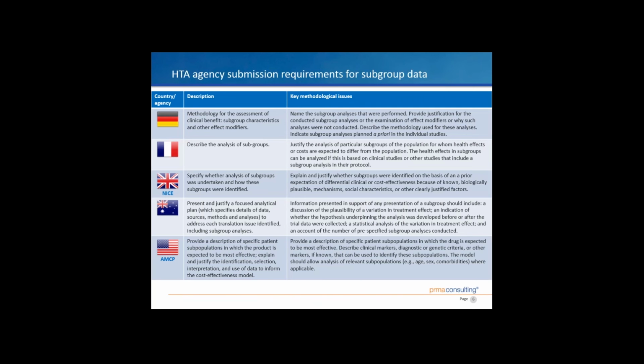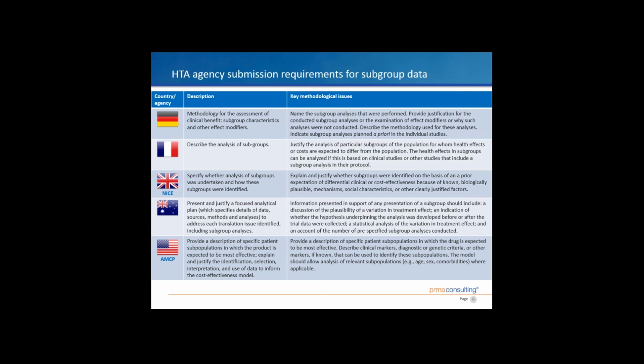You can see some of the information we've pulled out of the health check tool here, which lays out some specific examples by agency of the description around subgroups and some of the key methodological issues that are impacted by this subgroup focus. I think there's a couple of important points here. Firstly, subgroups is a key concern independent of payer archetype.